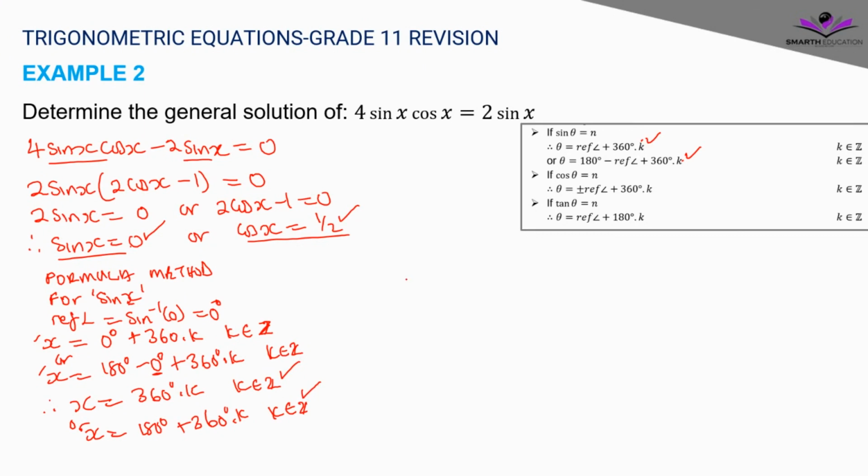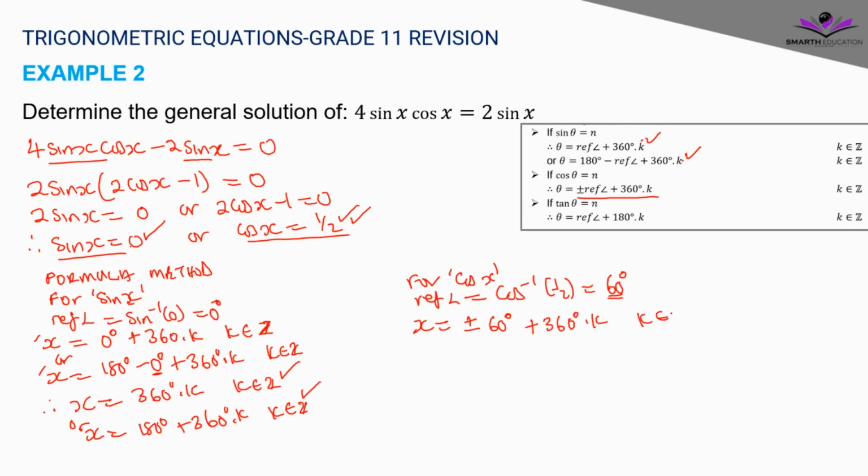And then we have cos x. For cos x, our reference angle is arc cos of 1 over 2, which is 60 degrees. So our reference angle is 60 degrees. Then x is equal to positive or negative 60 degrees plus 360 degrees times k, where k is an integer.